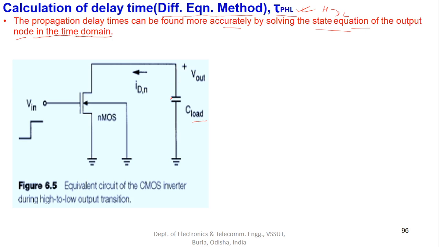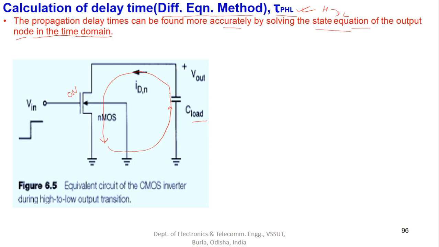We know that the discharging occurs via the NMOS. When the NMOS becomes on, there is a path available for this load capacitance to discharge through the NMOS into the ground, and a closed path is available for the charge to flow.